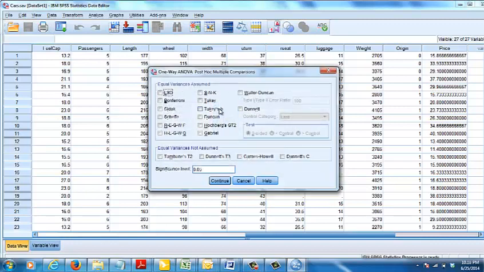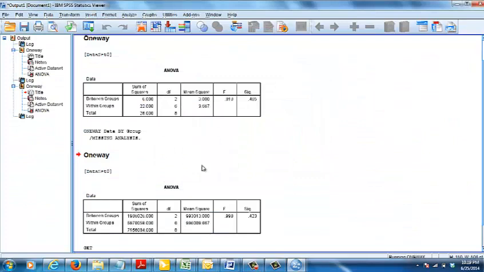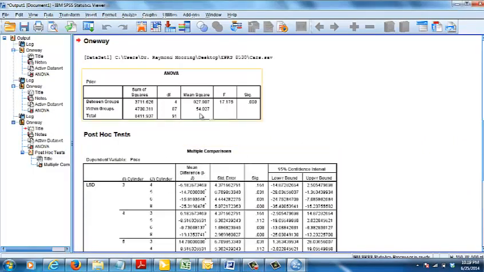I'll click post hoc, and just for argument's sake, I'll click one of each. Actually, Games-Howell is probably better at this point. And click continue. So I want to find out, is there a difference in price depending on cylinder type? Click OK. I have output.